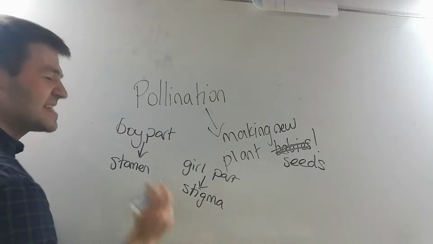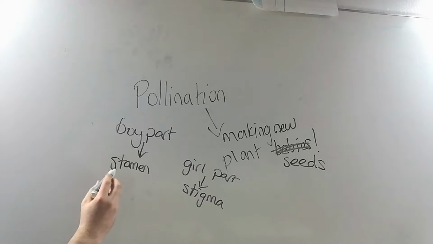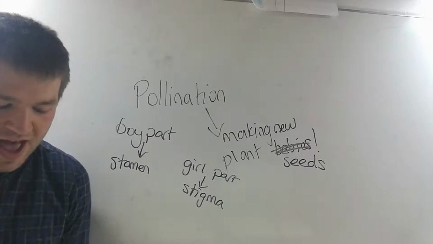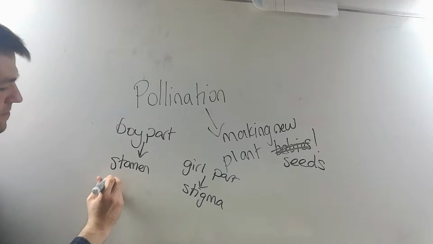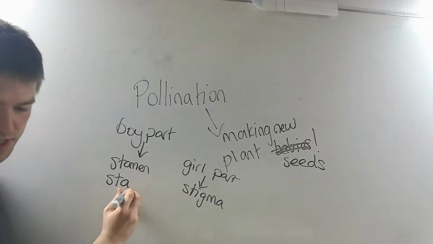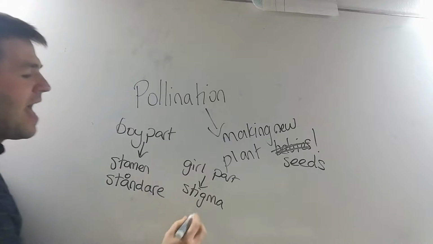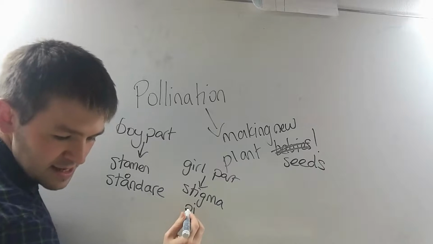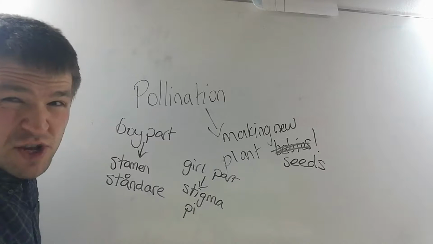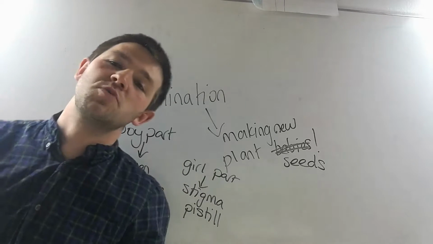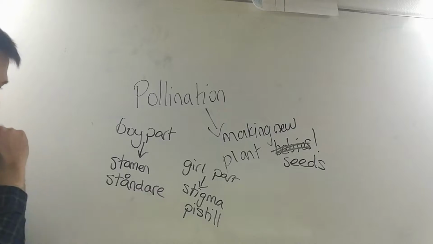It's definitely 6 letters. Stigma, yes. And the stamen, taking my Swedish book here, we have the ståndare, with the å. And we have the pistil. I should know this word, shouldn't I? Pistil is the word in Swedish for the stigma.